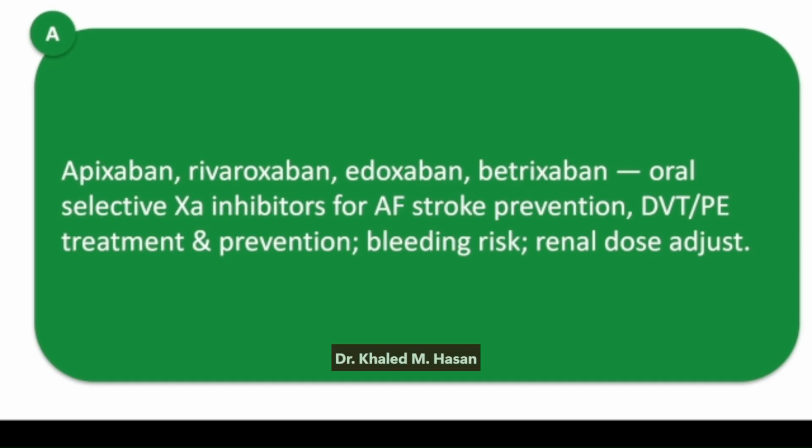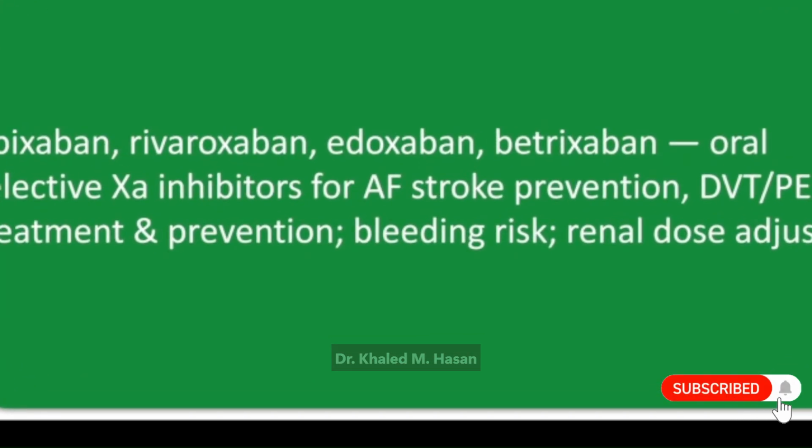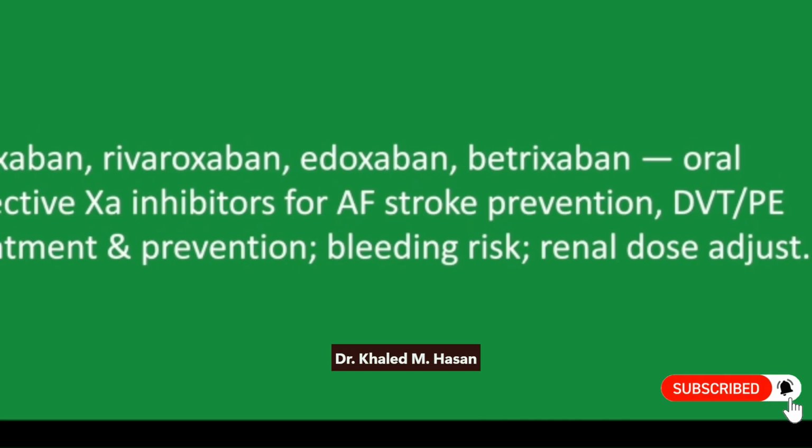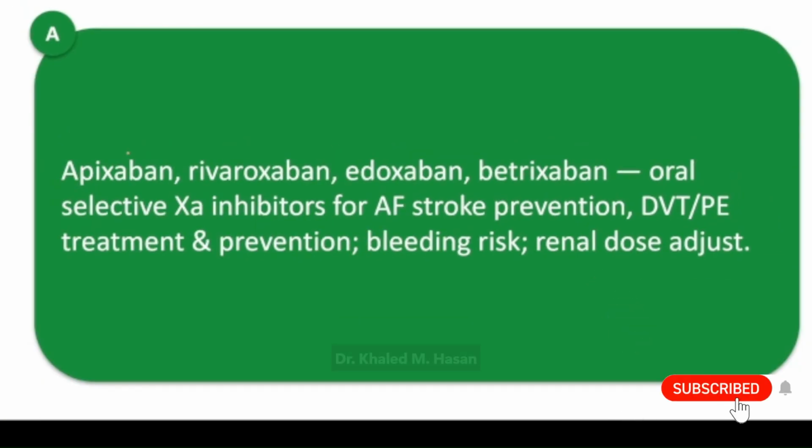To remember these names, we can use a nomination: Xaban refers to factor 10. These are oral anticoagulants, prescribed orally, that selectively inhibit factor 10A. Yes, we have the A here, as you can see.